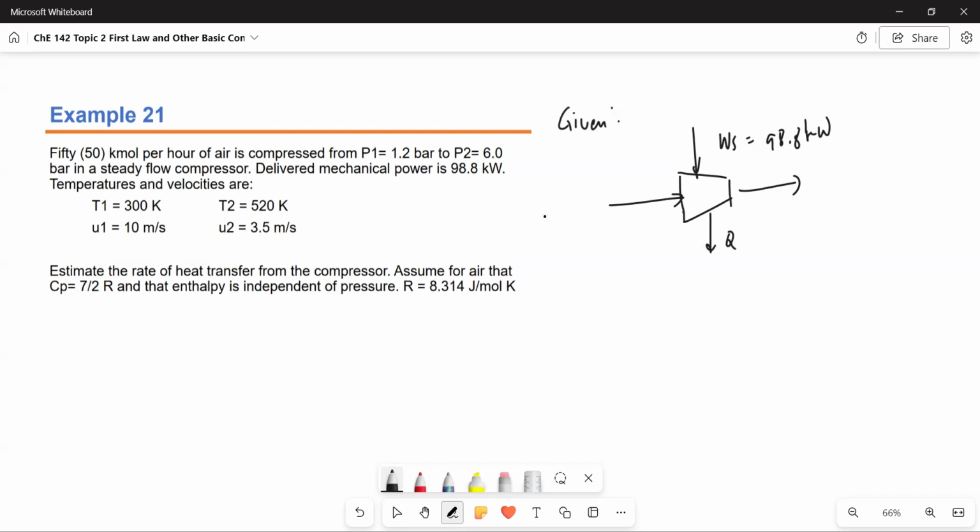So air, the number of moles is 50 kilomole per hour. And then pressure is given. Temperature is given. So I will not write the temperature, just refer to the problem. Velocity also, V sub 1. And for P2, it's 6 bars.